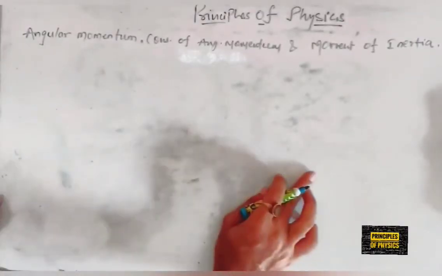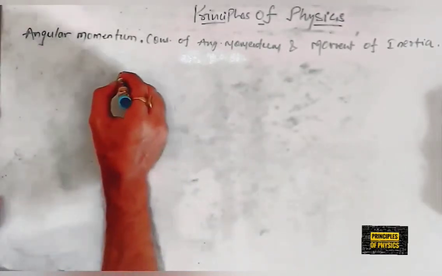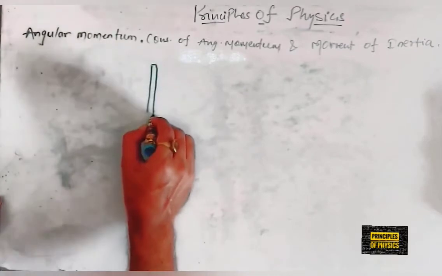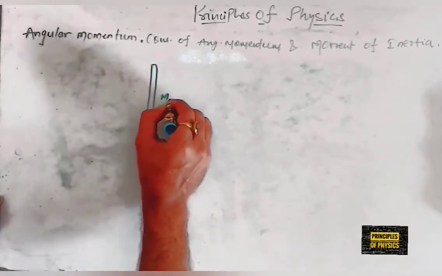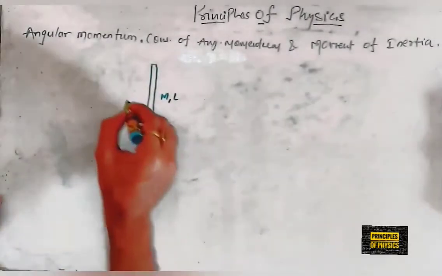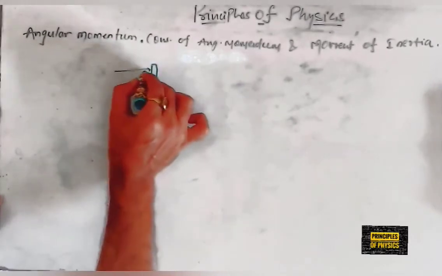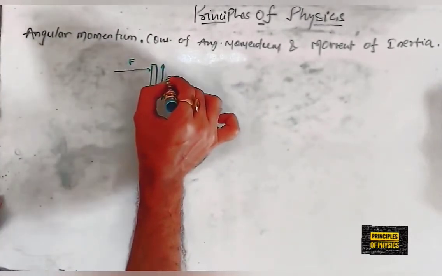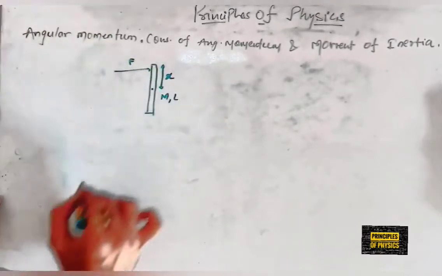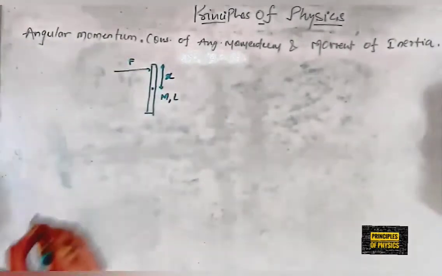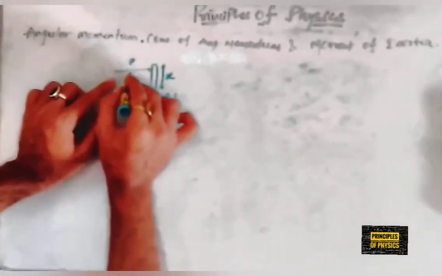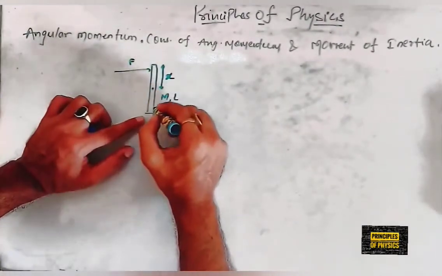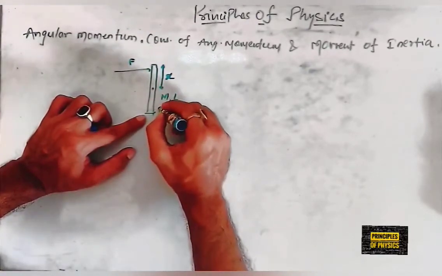In rotational motion, what we will see is, if a body of mass m and length l is subjected to a force F at a distance, say x, from the center of mass, then force F has a tendency to move the body to some angle.